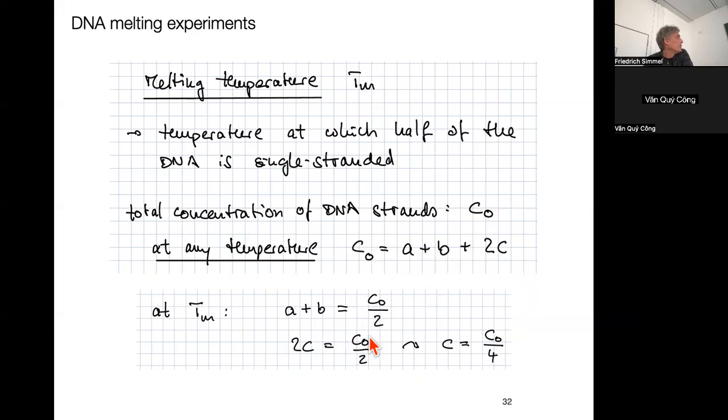You can insert that up here and bring that on the other side, then you get this equation that 2 times C is C0 divided by 2. That means at the melting temperature, the concentration of your duplexes is 1/4 of the total concentration of single strands.